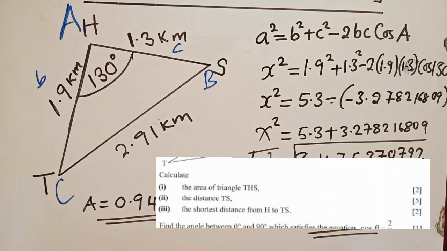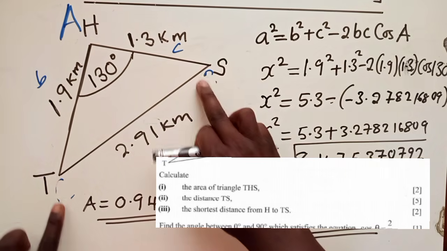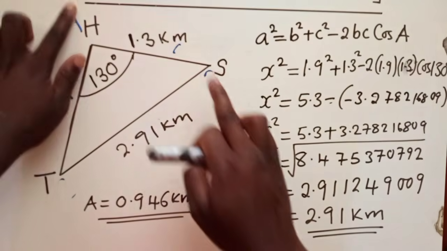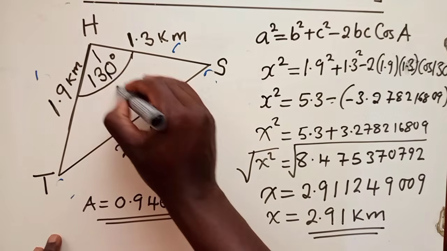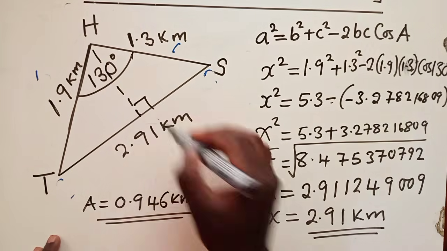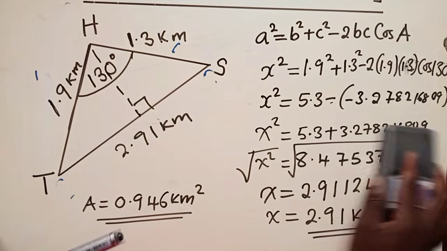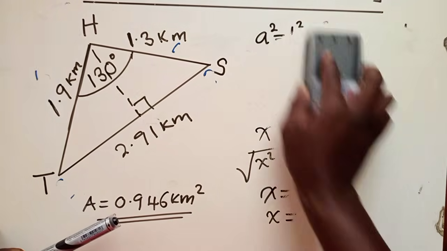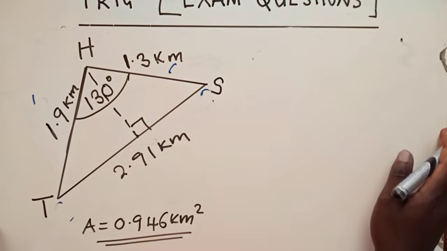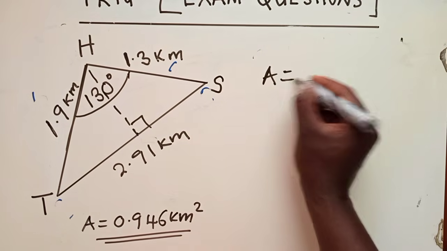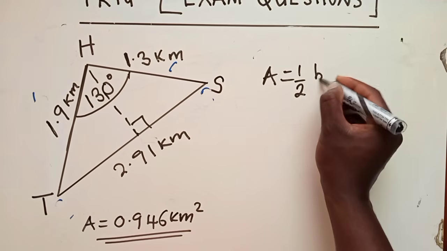All right, so our next question reads, find the shortest distance from H to TS. Where is our H? It is right here, TS is here. So we need to find this distance, the shortest distance here. Still we are going to use the formula for finding the area of the triangle, which is right here.